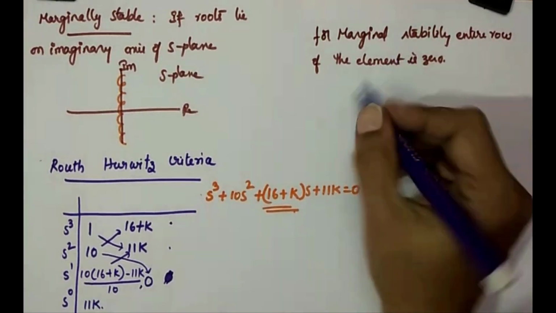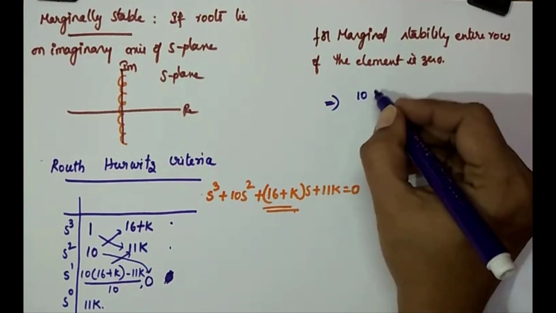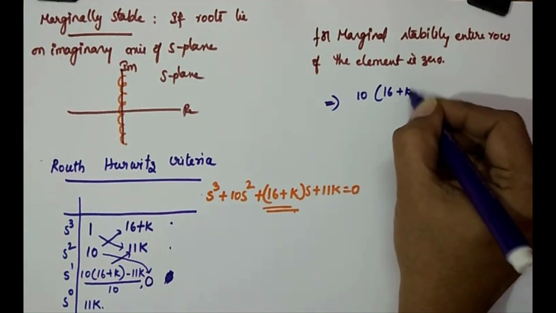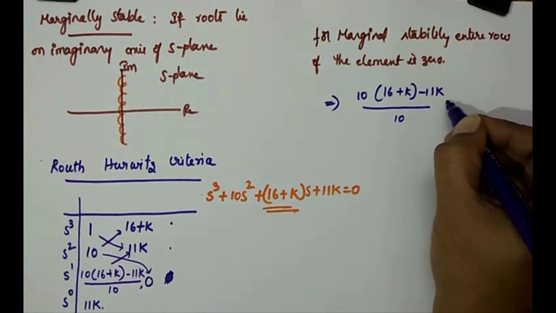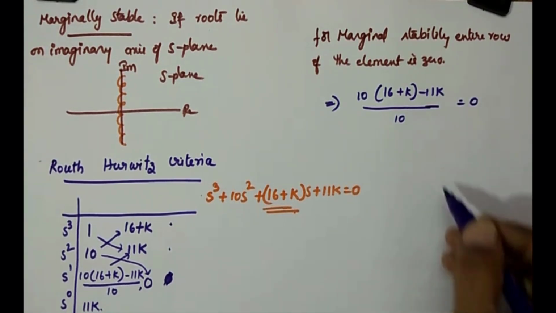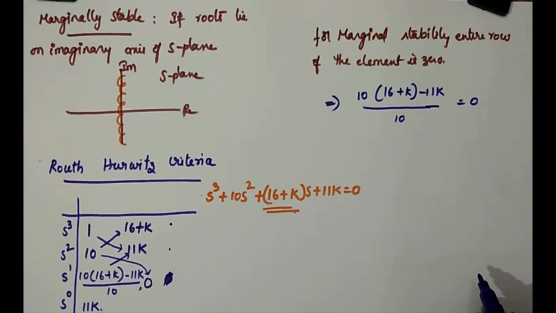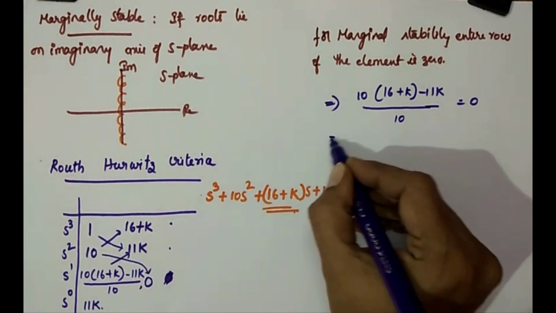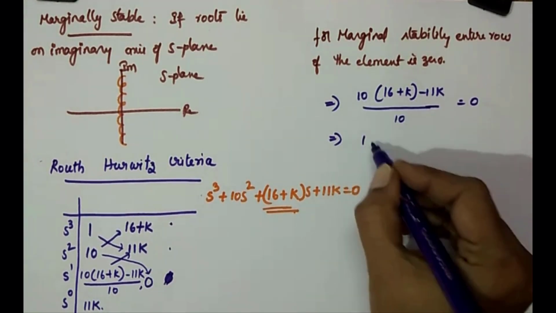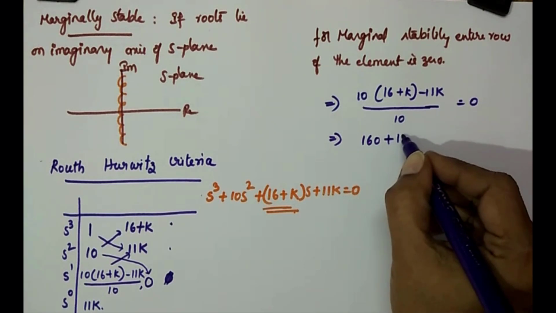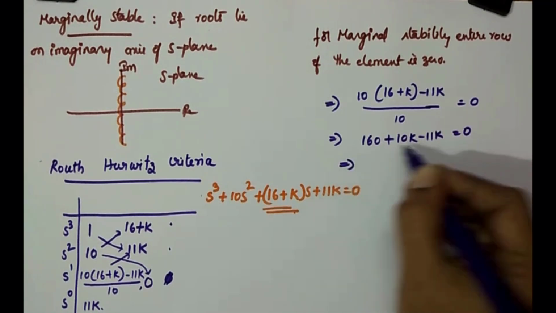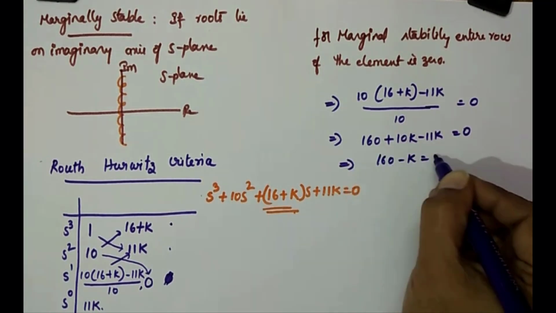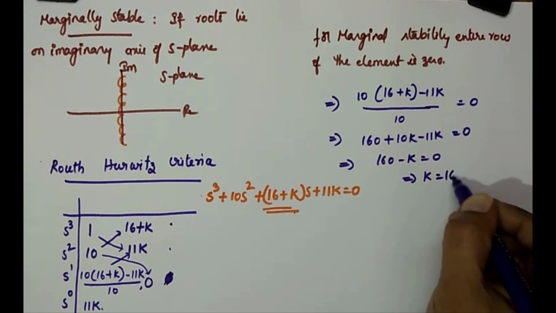So it implies (10(16 + K) - 11K) divided by 10 is equal to 0. That gives 160 + 10K - 11K = 0, which implies 160 - K = 0, so K is equal to 160.